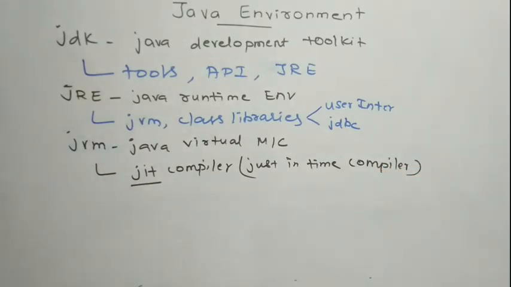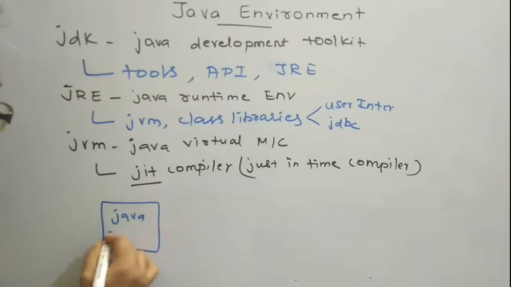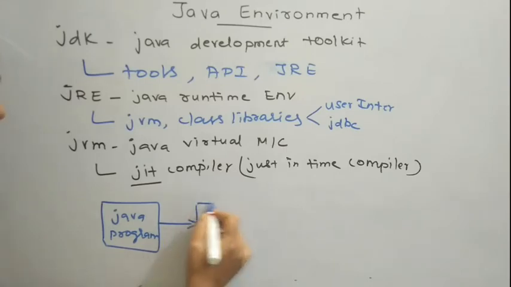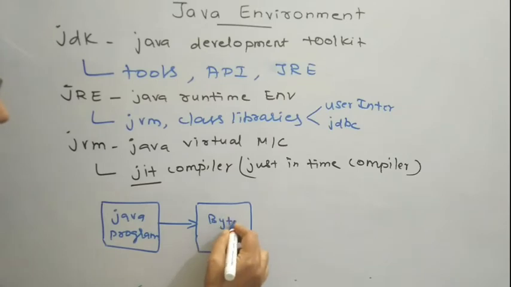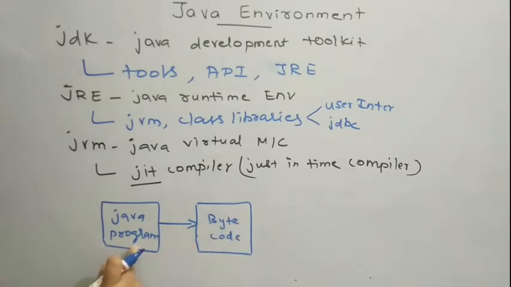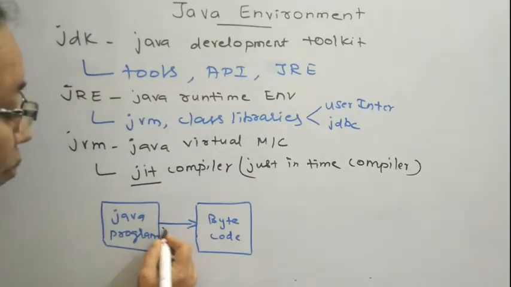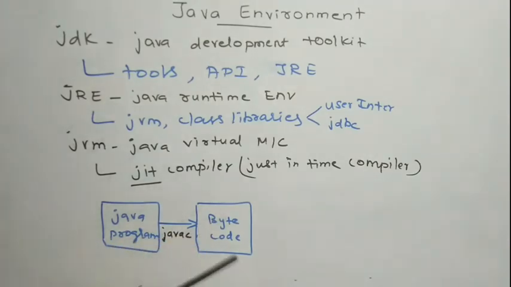So what JIT will do is, if we have our Java program, the Java program is converted into its intermediate bytecode. Who is responsible for converting a Java program into its corresponding bytecode? It is our Java compiler. Javac is responsible for converting a Java program into bytecode.